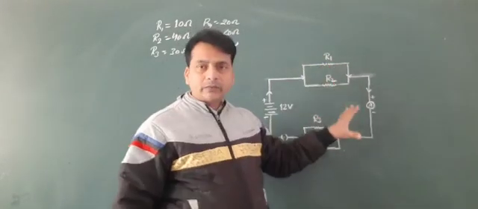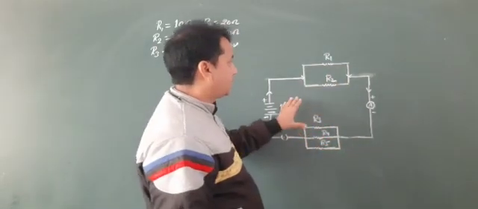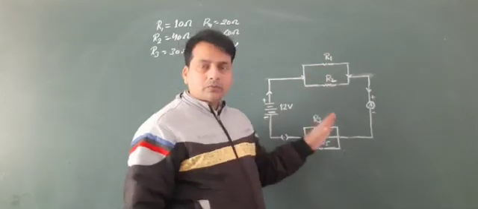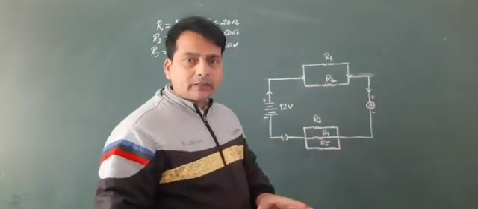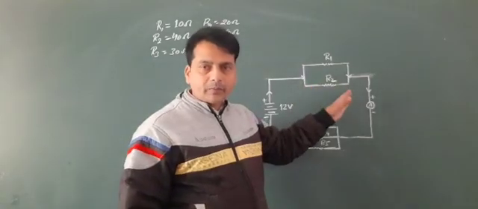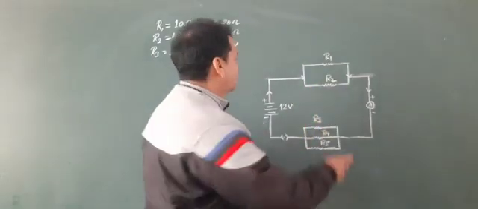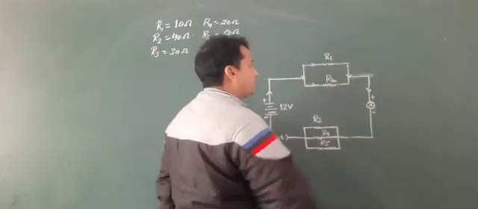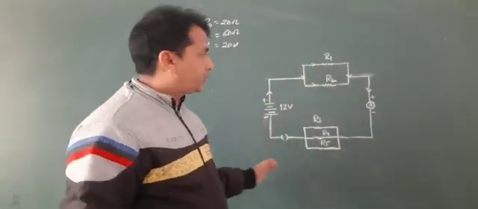These resistors are used in this circuit diagram, and R1 and R2 are connected in parallel combination because they are connected at two common points, and the electric current flowing across R1 and R2 will be different.